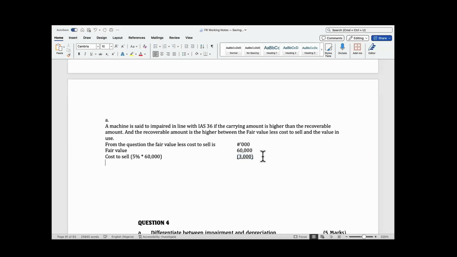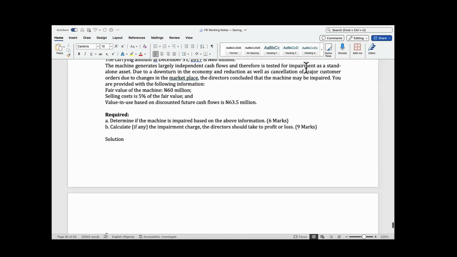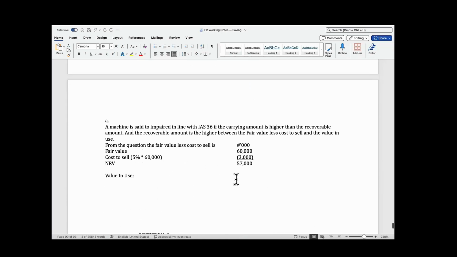Then the NRV is 57,000. The value in use, as given in the question, is 63.5, that's 63,500. So the recoverable amount is 63,500, being the higher.